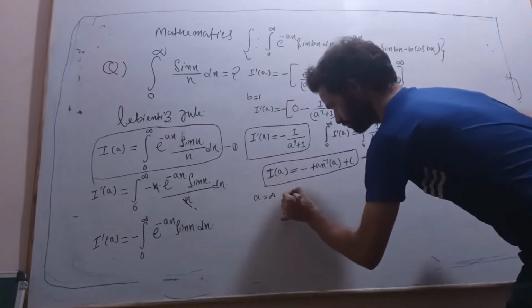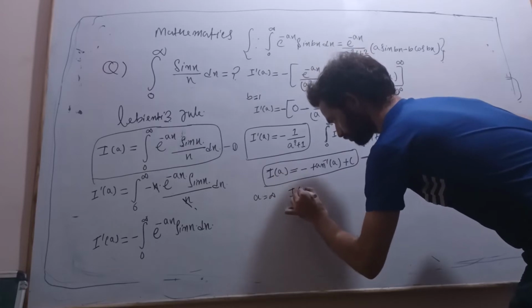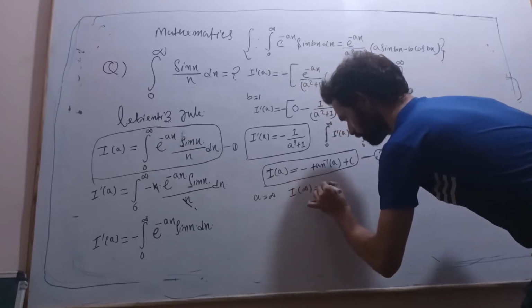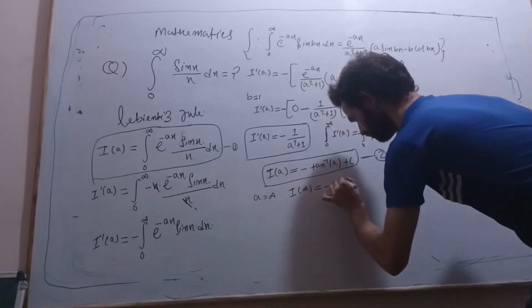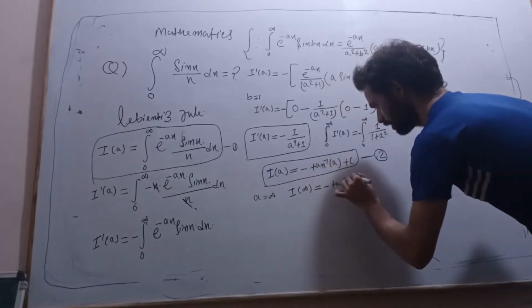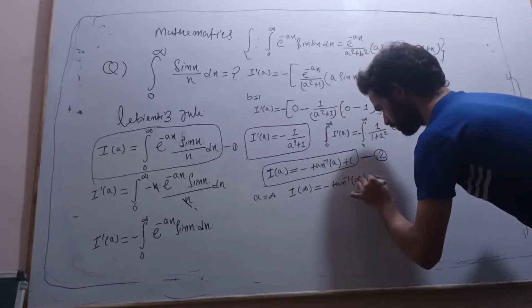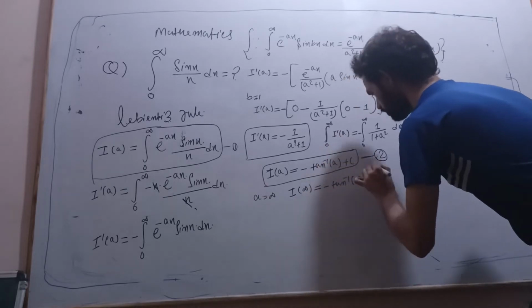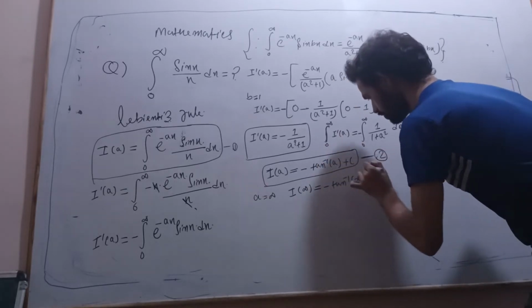We will get I of infinity is equal to minus tan inverse infinity plus c, from equation number 2.